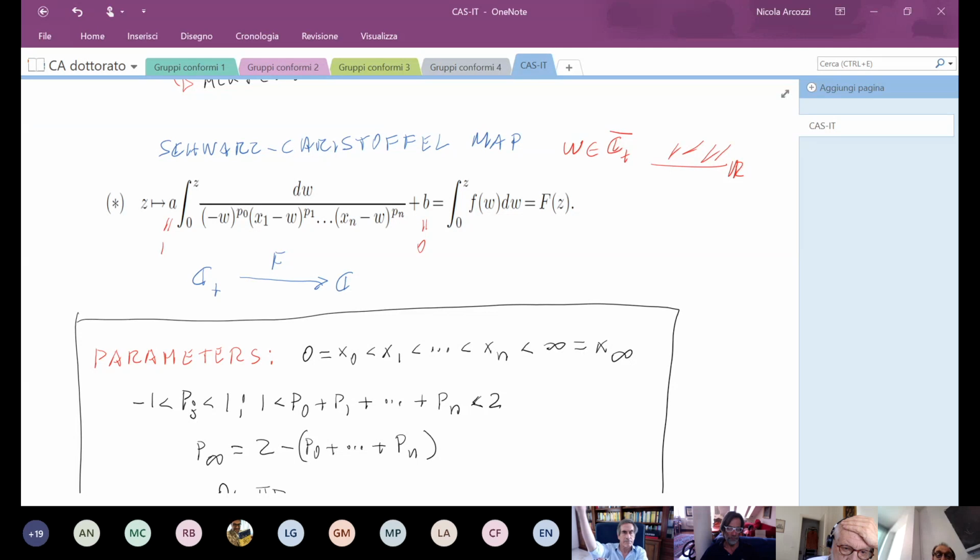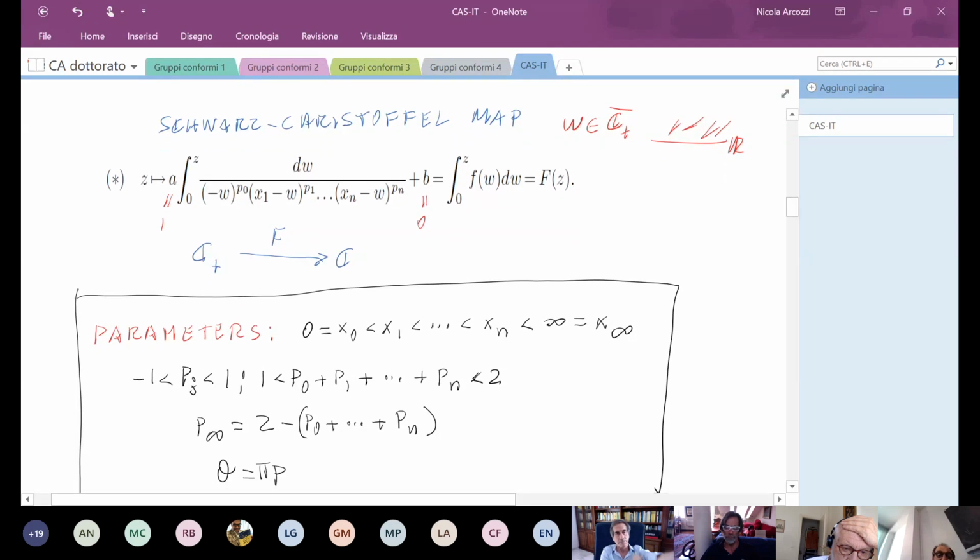You make an integral of a function dw, of the function 1 over (x0 minus w) to the power p0, (x1 minus w) to some other power, and so on up to n, where you have x0, then you have x1, etc., up to xn.